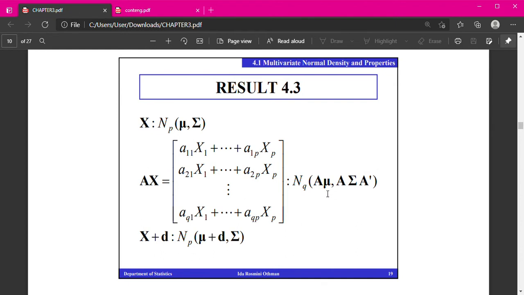Okay, A mu means that the min untuk AX. Kena carilah min untuk AX. Kan that you have learned before this.